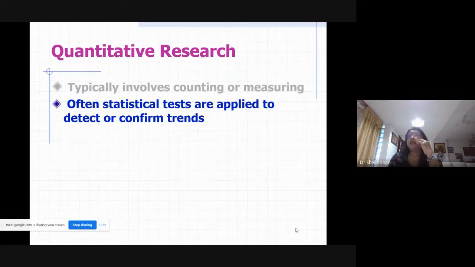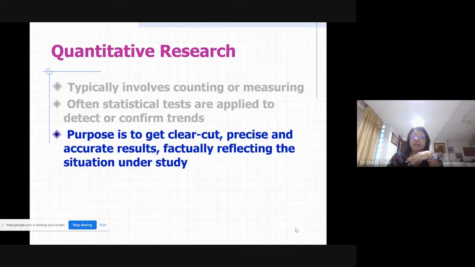Hours of study increases the performance of the student. There you are finding the relationship between 2 groups, 2 variables. So we normally do a statistical test. The purpose is to get a clear-cut, precise, and accurate result reflecting the situation under study.